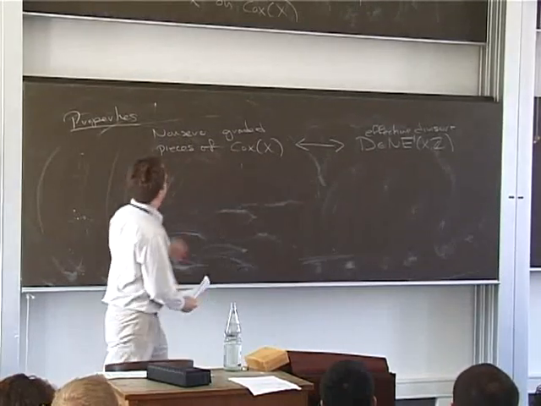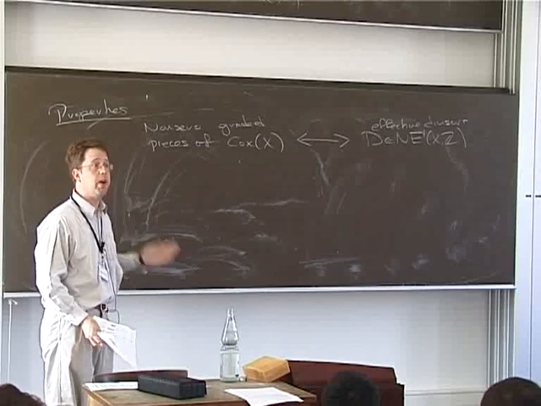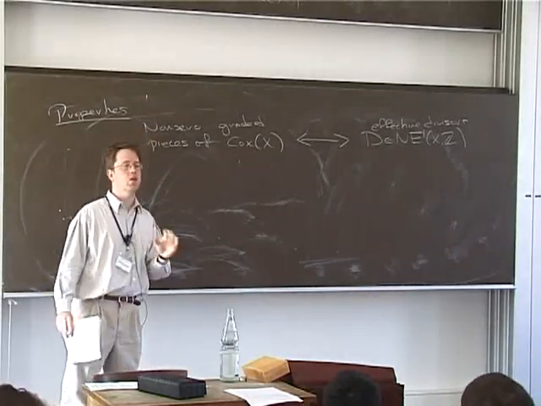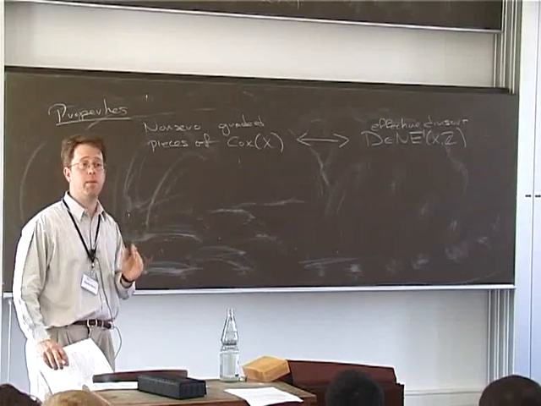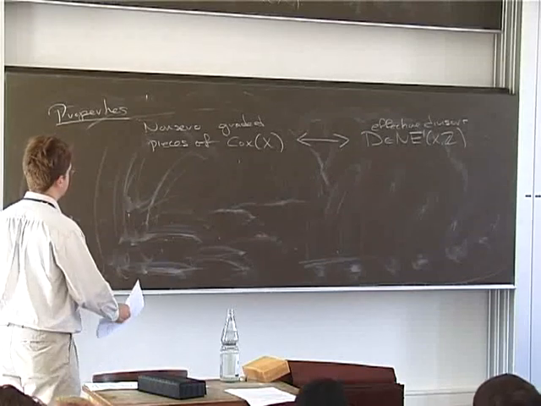I mean, a piece is non-zero if and only if the corresponding divisor is effective. So this is the first hint that there's going to be some connection between the birational geometry that we spent a lot of time talking about earlier this week and the structure of these rings.